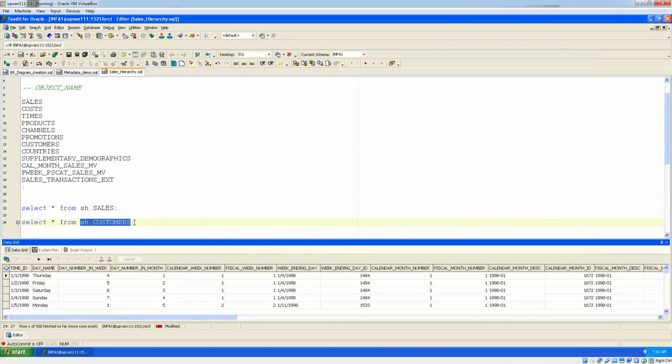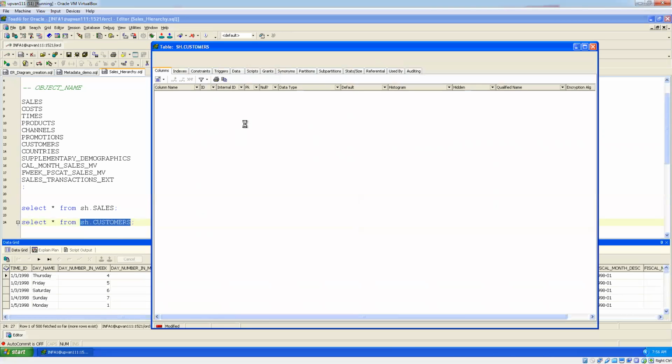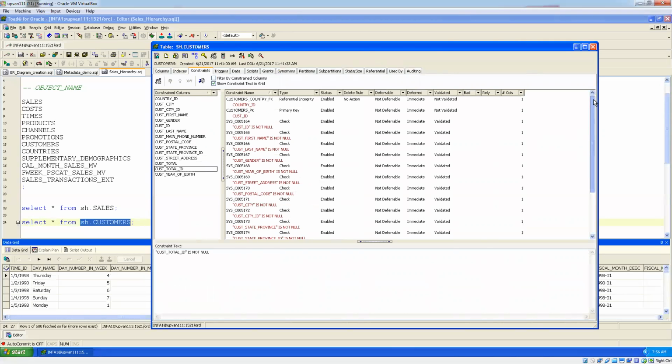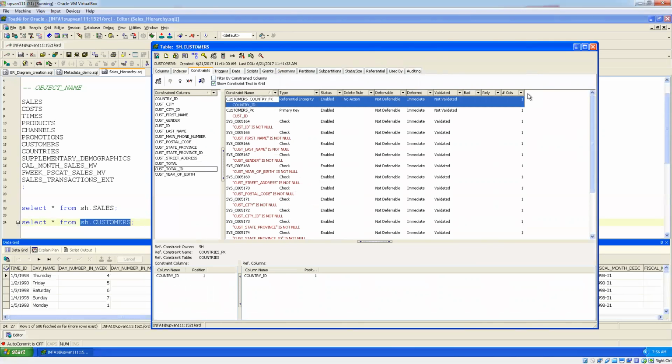By looking here, we can see that this country ID is referring to the primary key of the countries table. The name of that column is country ID.